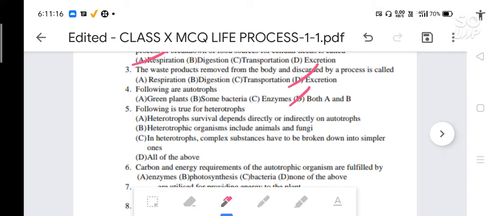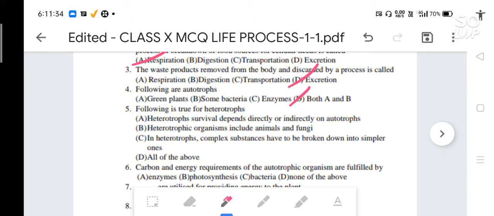Which of the following is true about heterotrophs? Heterotroph survival depends directly or indirectly on autotrophs. Obviously it is correct, because heterotrophs are organisms which depend on others. This one is correct. Heterotrophic organisms include animals and fungi.